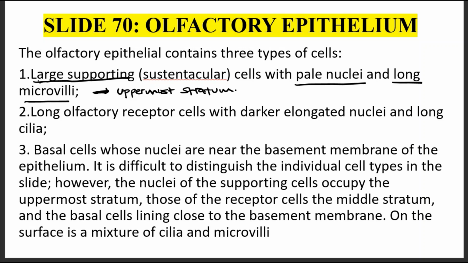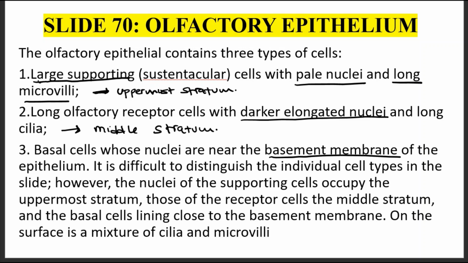And then we've got the long olfactory receptor cells with darker, elongated nuclei and long cilia. These olfactory receptor cells are in the middle stratum of the olfactory epithelium. And then we've got the basal cells whose nuclei are near the basement membrane of the epithelium.